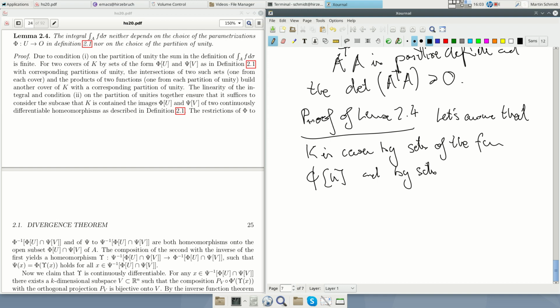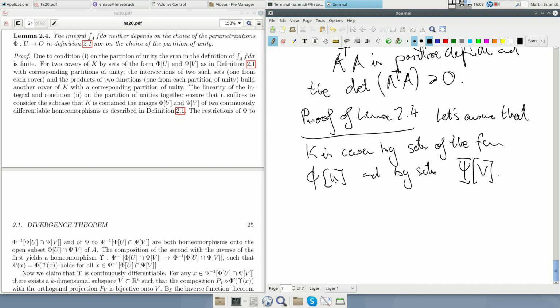So we have two such coverings, and the parametrizations of one of these coverings we call phi and the sets U, and the other ones we call psi and the sets we call V.